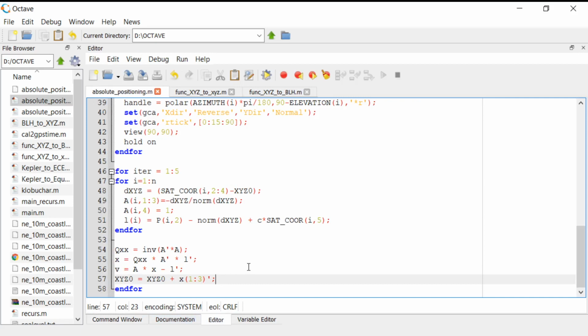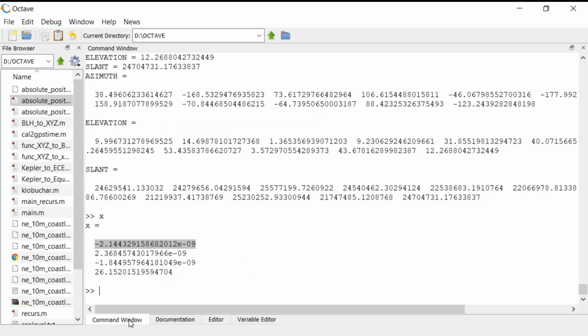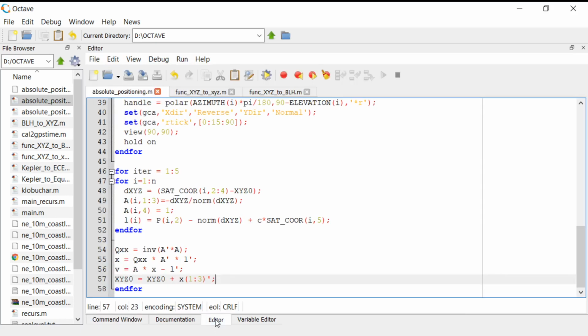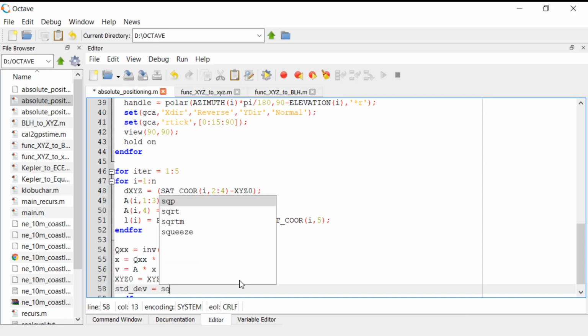So now let's have a look at the residuals. If you would like to compute our standard deviation, it can be computed by using the sqrt of v transpose times v divided by simply the number of observations, n, minus the number of unknowns.